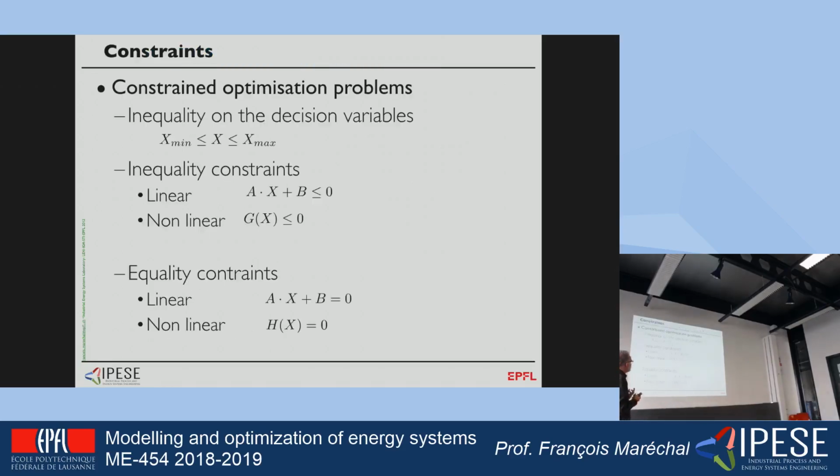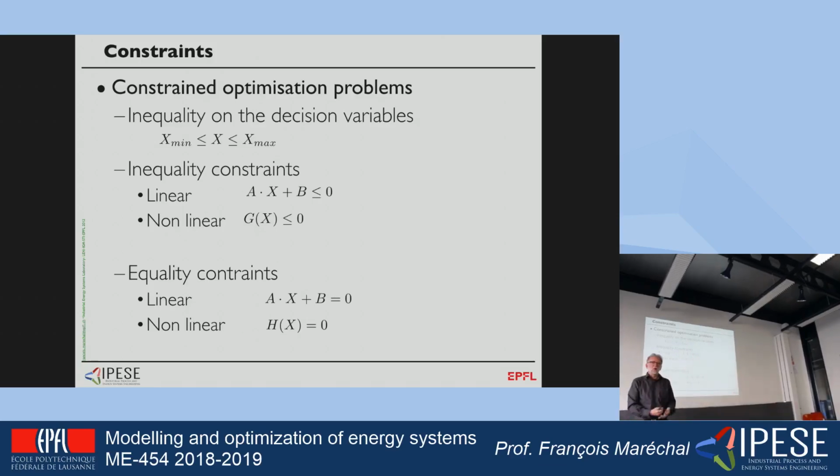The second dimension is the fact that I have constraints, which are the models. So I do not have only a simple search in an unconstrained domain, but I'm constrained by the models, which means that there are relationships between variables. And those are represented on the one hand by the inequality of the decision variables, but also by the fact that there are relationships that are created by equality constraints.